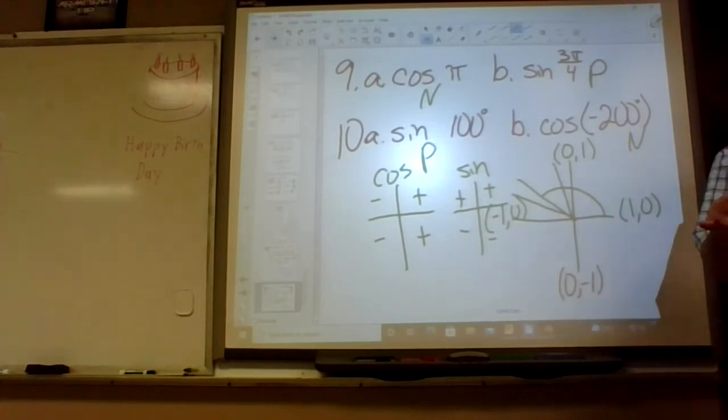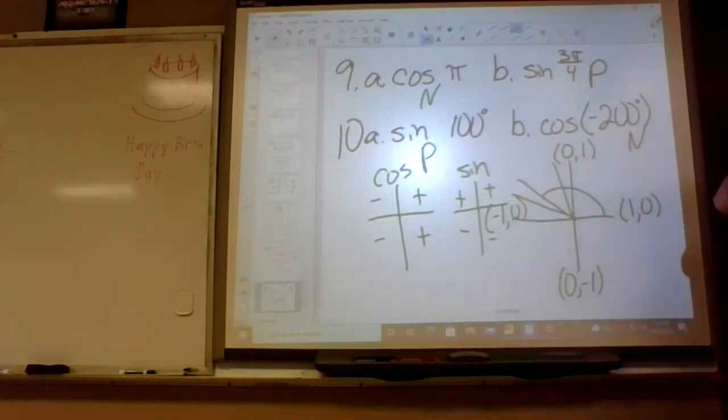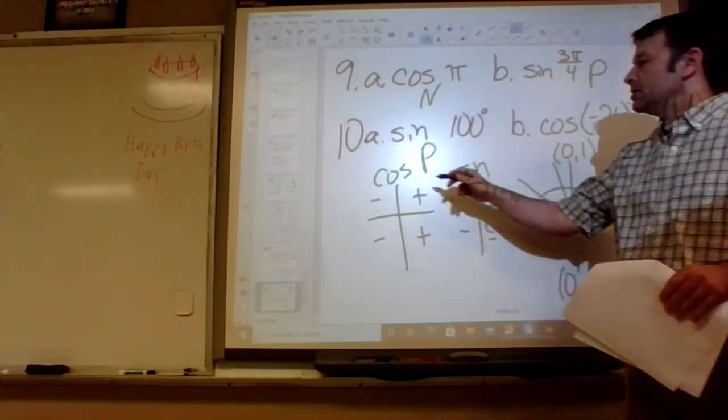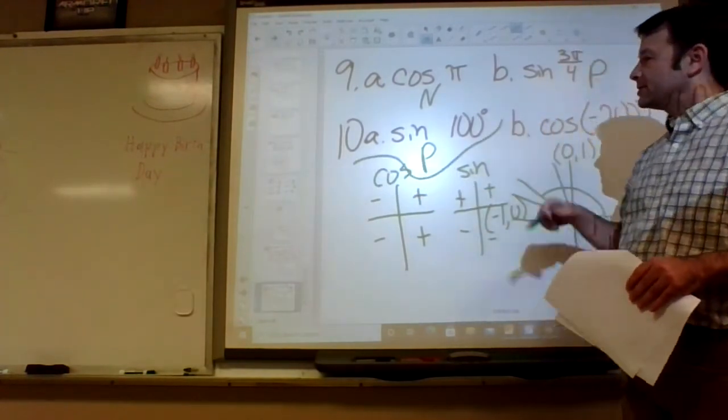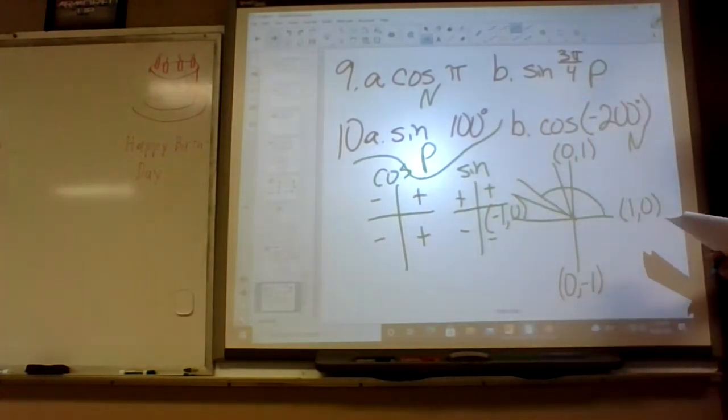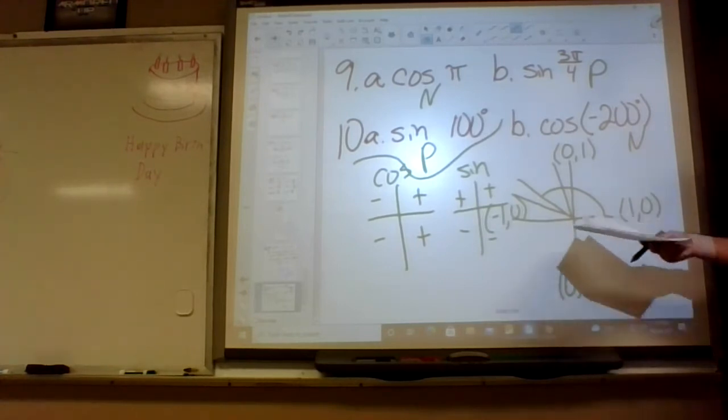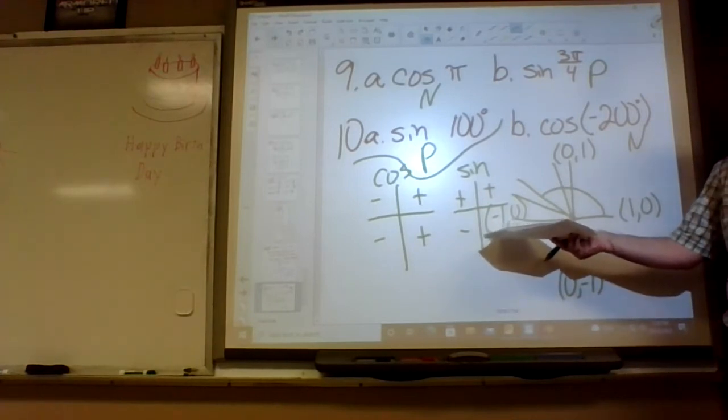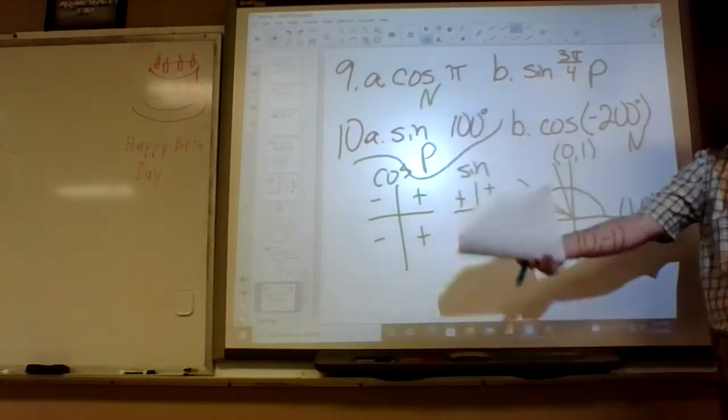Your calculator might be in radians. Oh, it is 0.9. Cosine of pi is actually exactly negative 1, but either way, it should be negative.